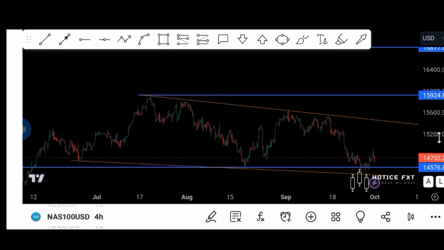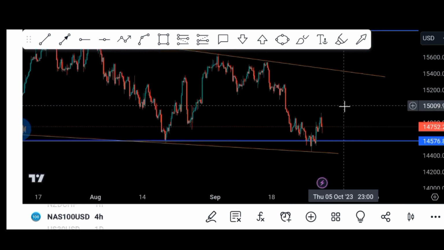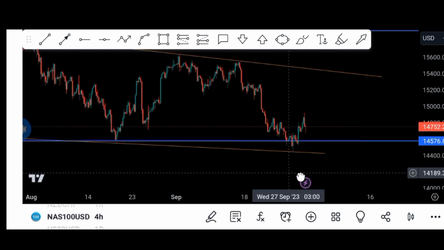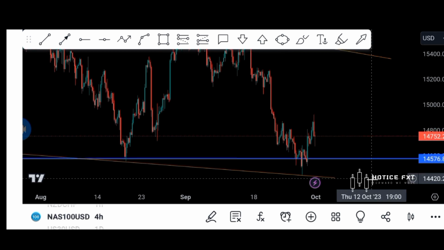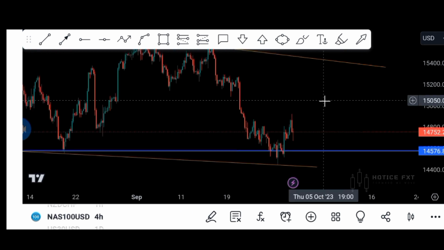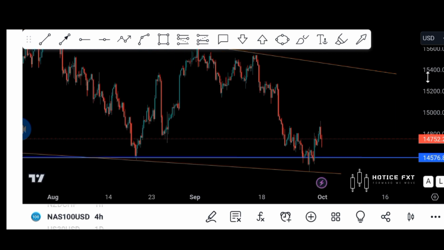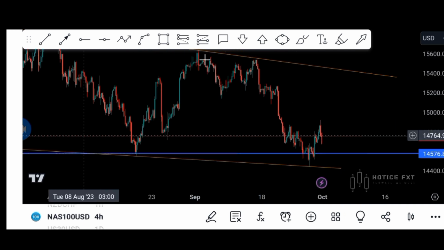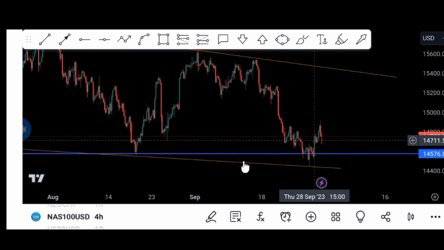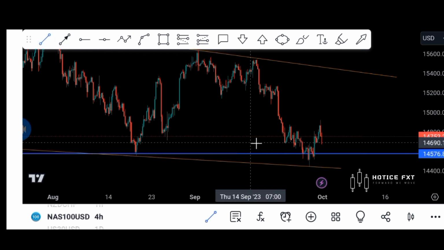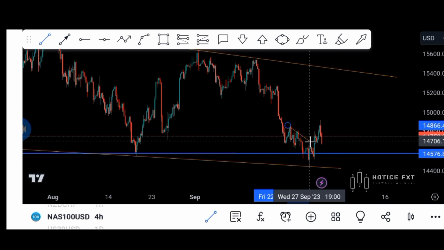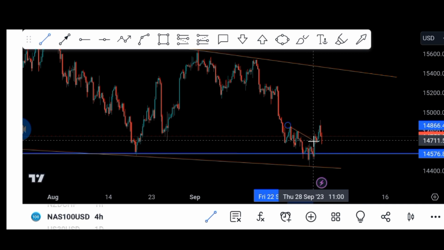On H4, what I'm seeing now, here is that falling wedge pattern. So we had a pattern within patterns. That's a perfect confirmation. We have a first confirmation of this falling wedge, and then we have a second confirmation of what? Of the falling wedge.